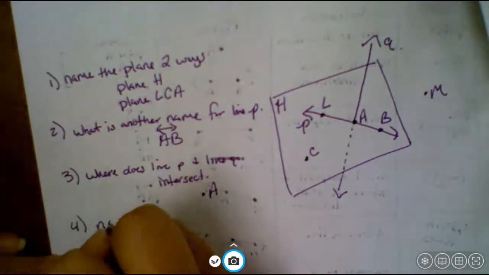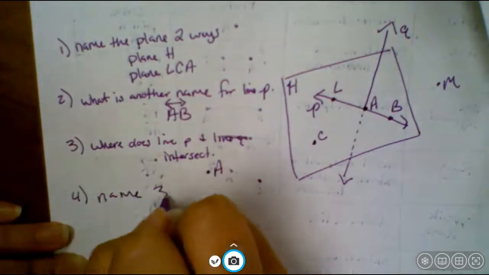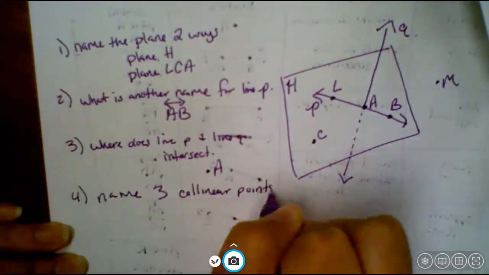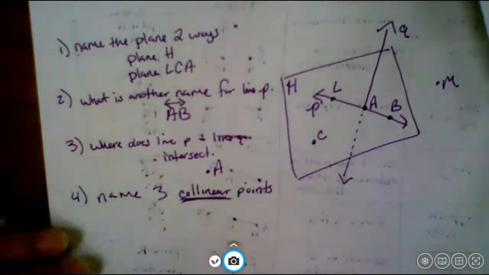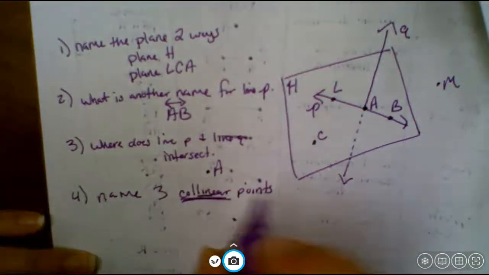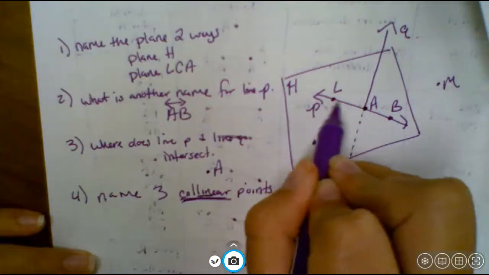Number 4, name 3 collinear points. What's collinear mean? That means they lie on the same line. It has line in it. So there's only one line that has 3 points that are labeled.